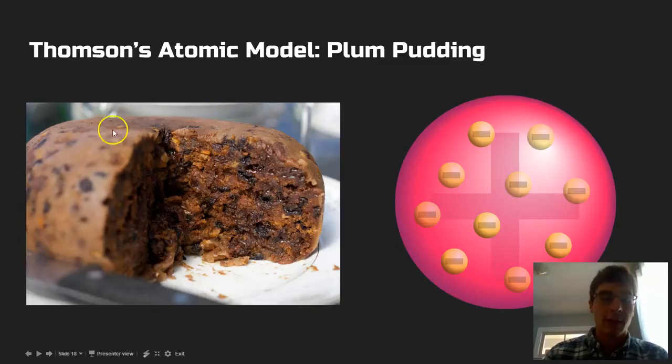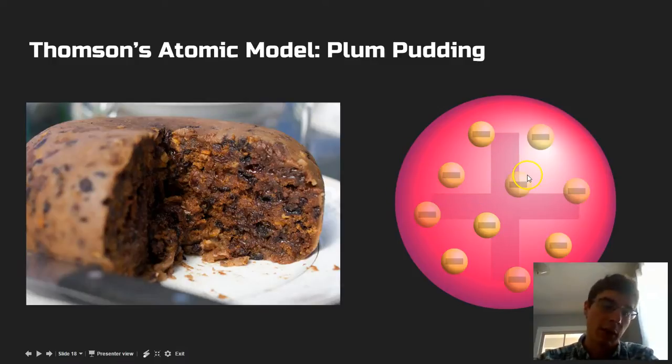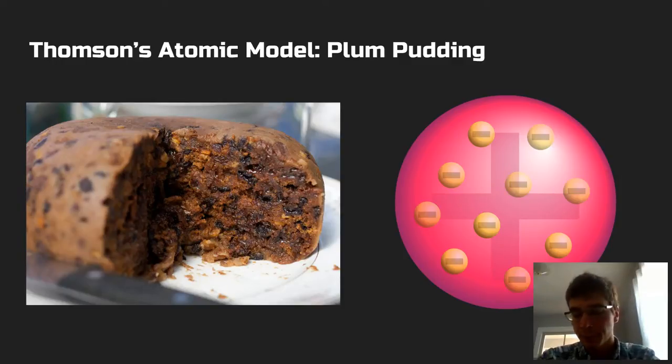Plum pudding right here we have on the left, where he would say that the pudding part of it, this pink part, is the atom, and it has a slight positive charge throughout the whole thing. And then the plums in the plum pudding are the electrons, and they have a negative charge. So this was a new model that Thomson was able to develop based on real things that he saw through his experimental evidence with the cathode ray tube.